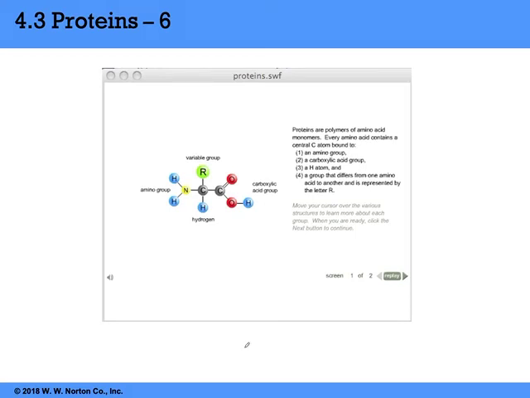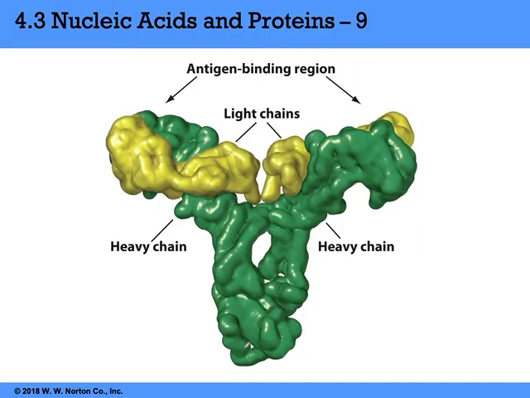So, what's important to take home about protein structure is that once the primary structure of the protein is complete, and that's done by the ribosome using the information in the messenger RNA, then the protein will begin to adopt what's called its native conformation, meaning the shape in which it can do its job properly.